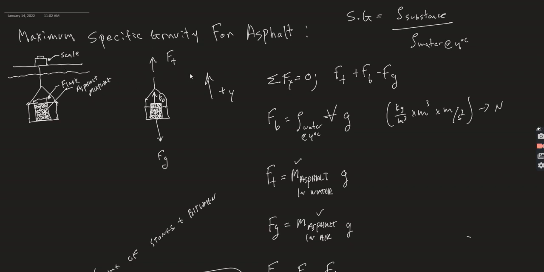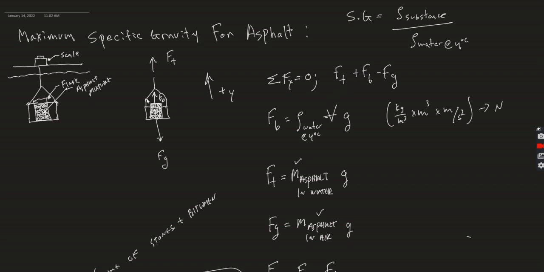If you detach the system and draw a free body diagram, you have your tension force going upwards, a buoyant force acting on the specimen going upwards, and a force of gravity going downwards on this apparatus. So if you solve for the forces in the y direction, everything's static, so there's no acceleration.